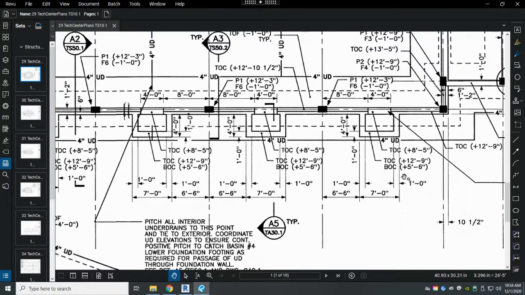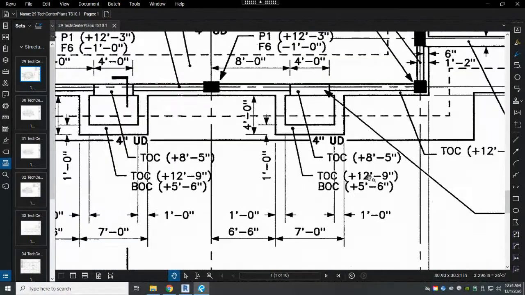So these areaway windows have a top of concrete at plus 12 foot 9 and a bottom of concrete at plus 5 foot 6. So the height is 12 foot 9 minus 5 foot 6, which is 7 feet 3 inches.